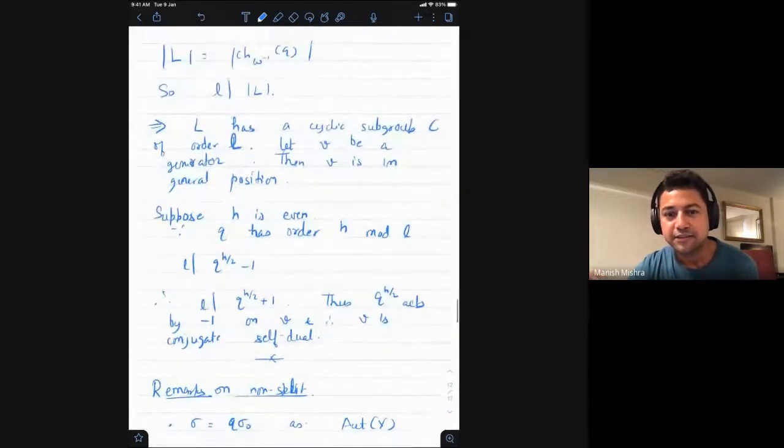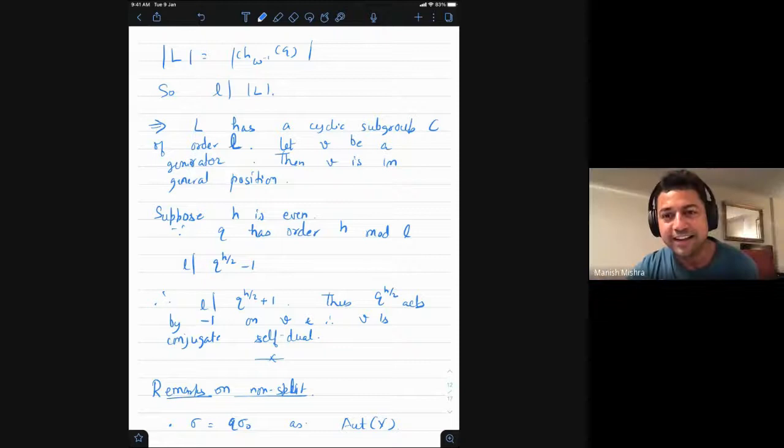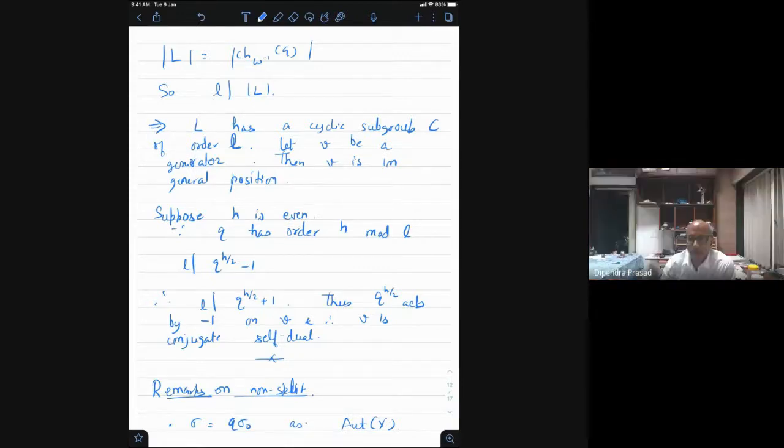So putting together you get this. There are many subtleties along the way. The proof is complicated, although eventually the theorem is quite pretty, but it has to go through some case by case analysis.